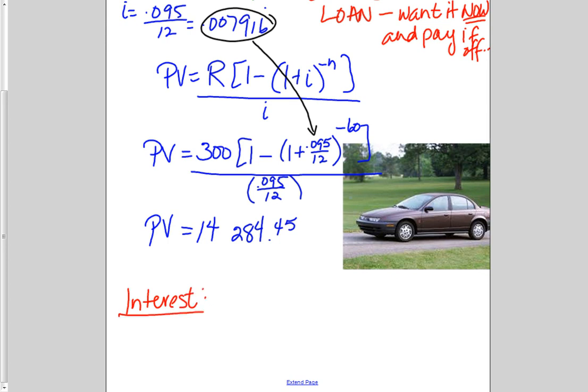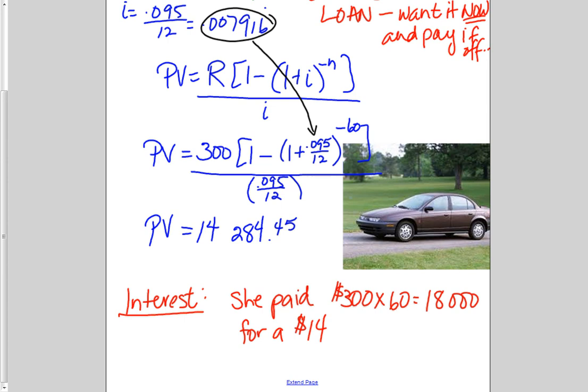Interest. She paid $300 60 times, $18,000, for a $14,284.45 loan.